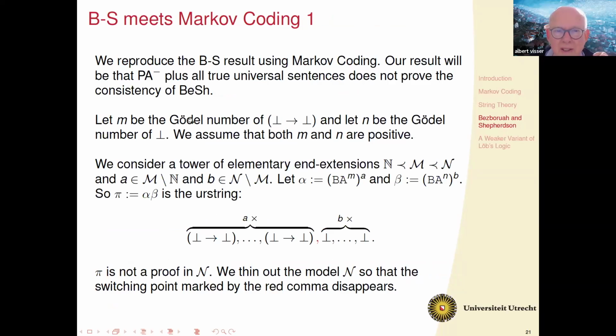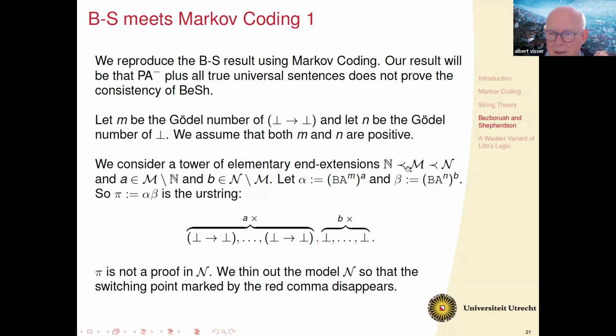Let's start with a Gödel number m of falsity and n of falsity, and I assume that both are positive, non-negative and not zero. And we consider a tower of elementary extensions as follows.